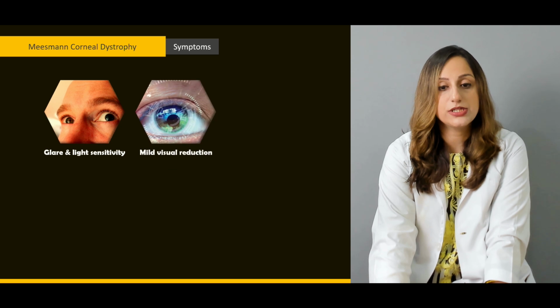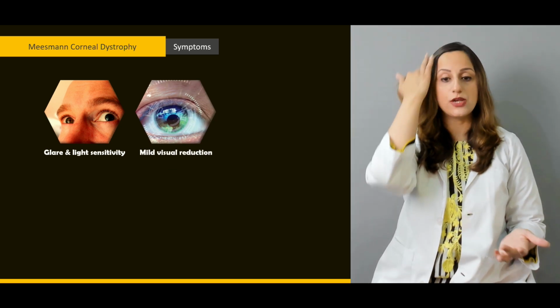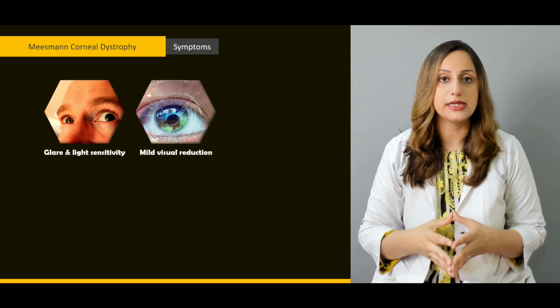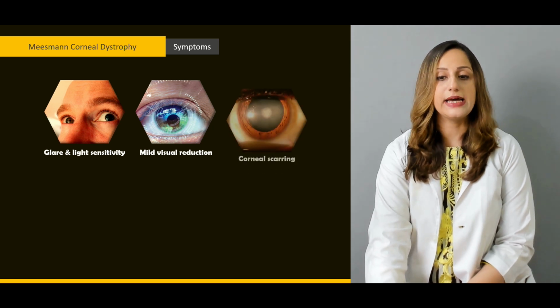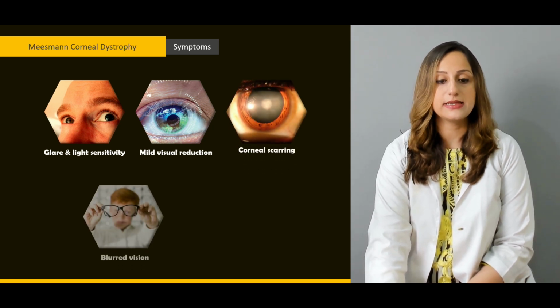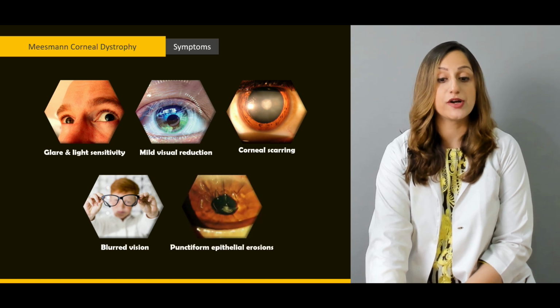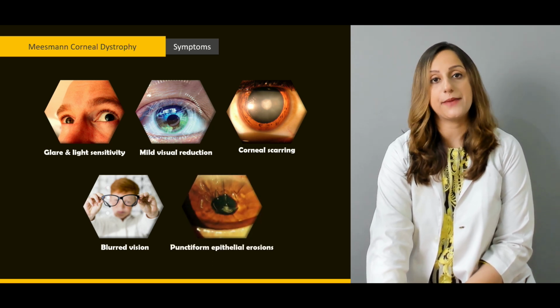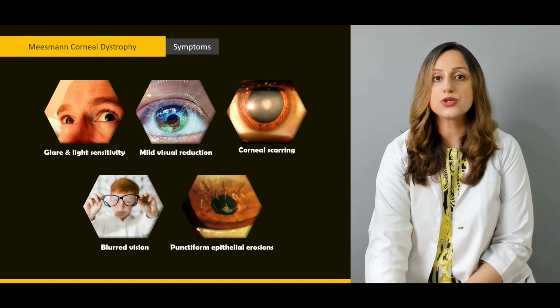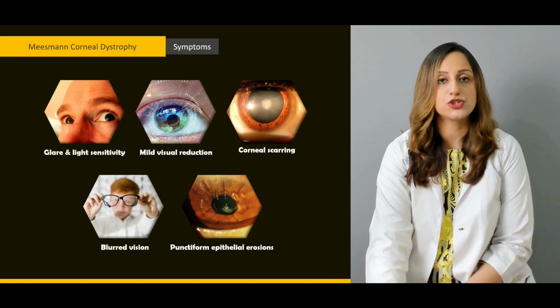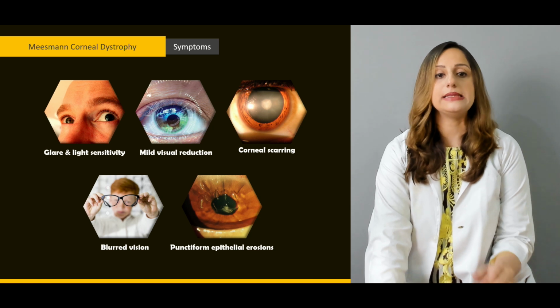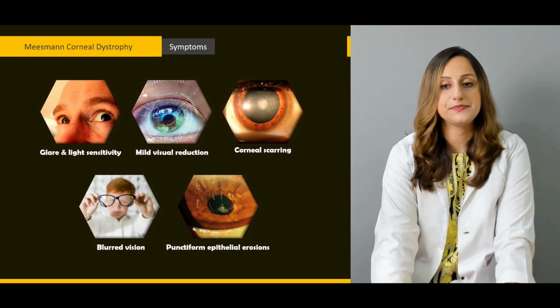The symptoms are glare and light sensitivity, and the patient would also complain of a mild visual reduction initially. And then finally, corneal scarring takes place, coupled with blurred vision. Moreover, we have punctiform epithelial erosions also as one of the complications that occurs in Meesmann corneal dystrophy.